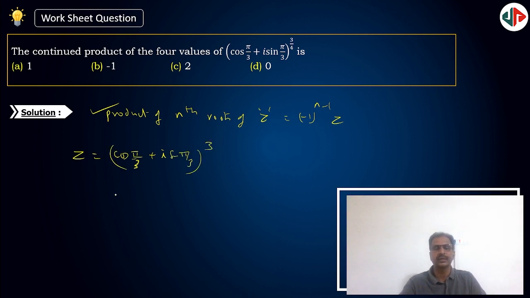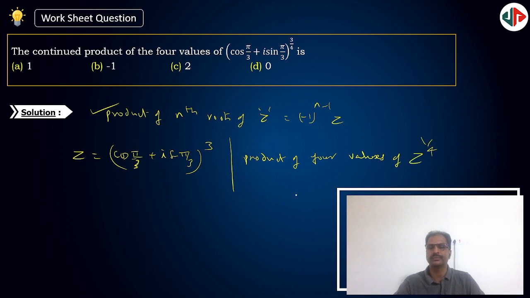This is z. Now the question is finding product of four values of z power 1 by 4, which is nothing but minus 1 power 4 minus 1 into z.